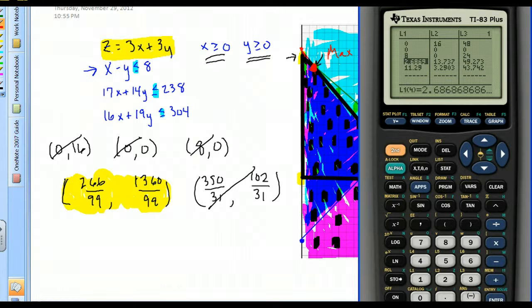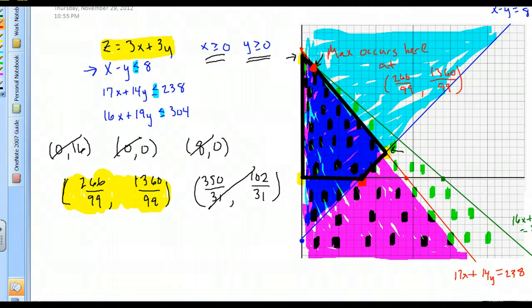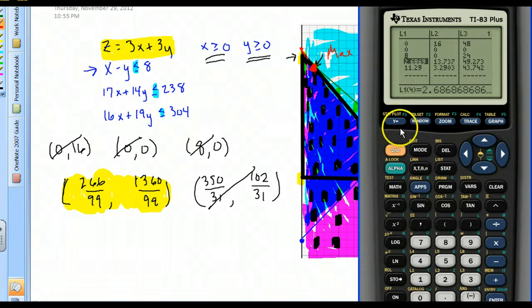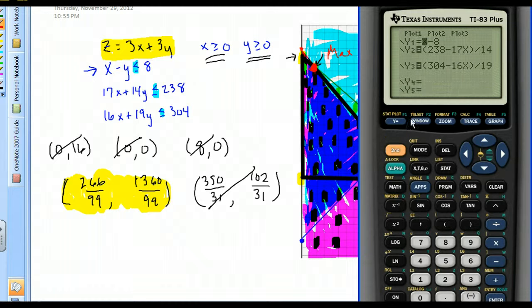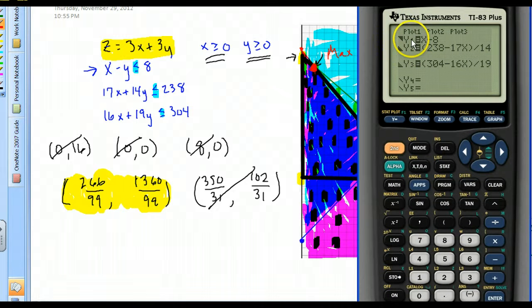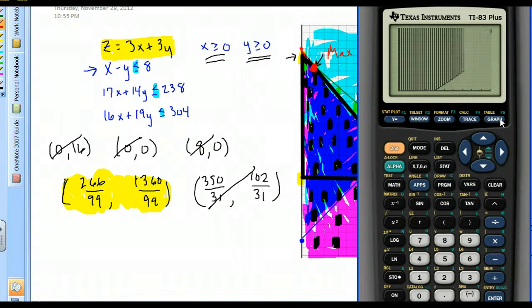So that's an option too if you want to practice some other things with your calculator. But again, some people ask about looking at an example doing it by hand. So there's how you would do it by hand. You're more than welcome to do them by hand. It is a little more time consuming. If you can get yourself used to using the intersect feature on your calculator, when you do this, like I've got these in here with the shaded regions now, so when I graph it, it does make it hard to see the intersections.